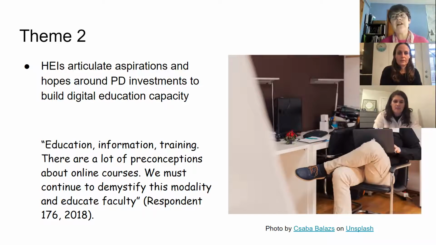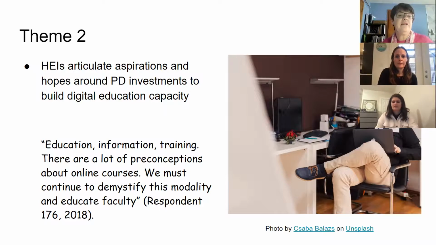So really having an opportunity to experience this was important in helping faculty perhaps change some of their preconceptions around the quality of digital education, and also it helped in terms of building their capacity to provide high quality digital education as well.